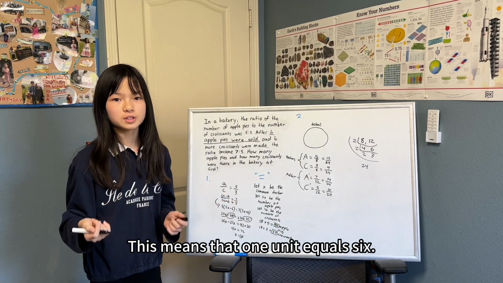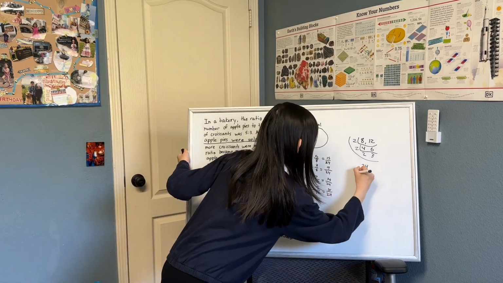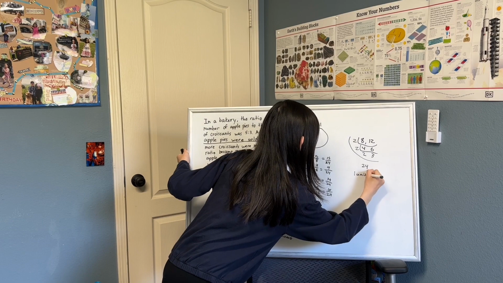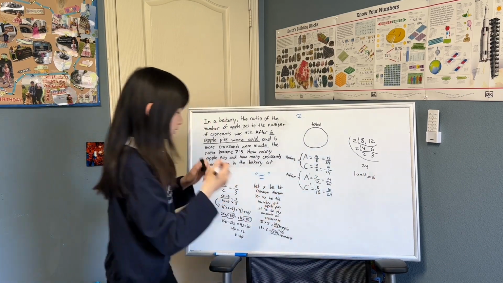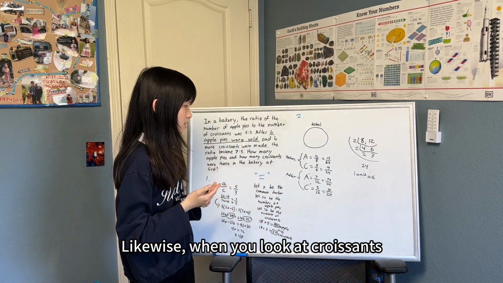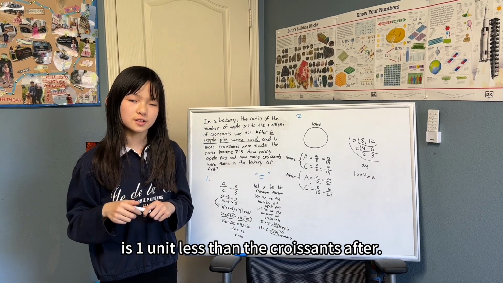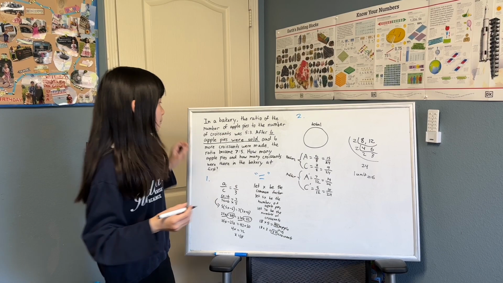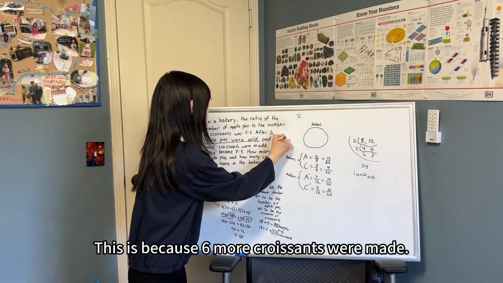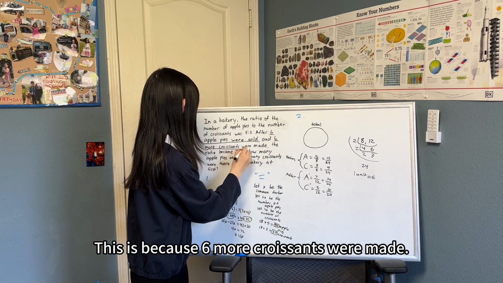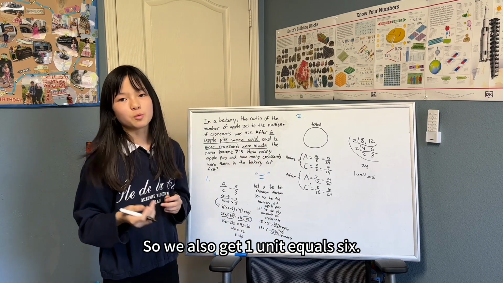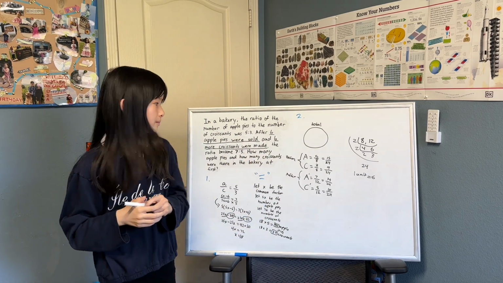This means that 1 unit equals 6. Likewise, when you look at croissants, we can see the croissants at first is 1 unit less than the croissants after. This is because 6 more croissants were made. So we also get 1 unit equals 6.